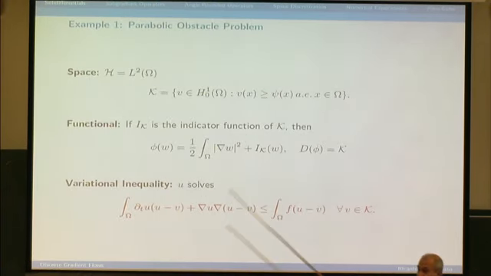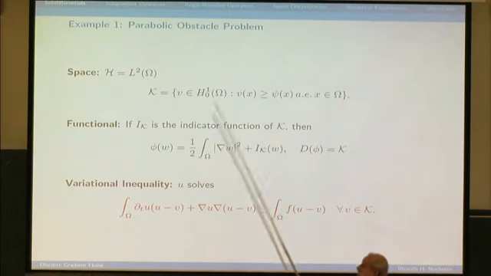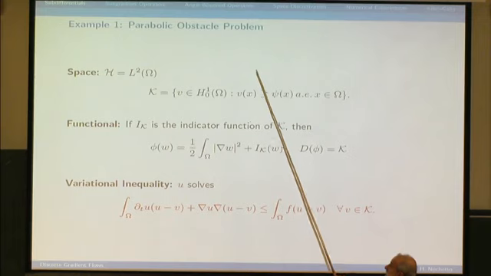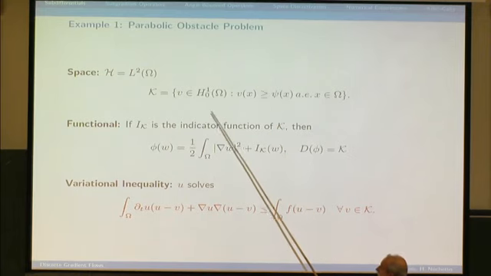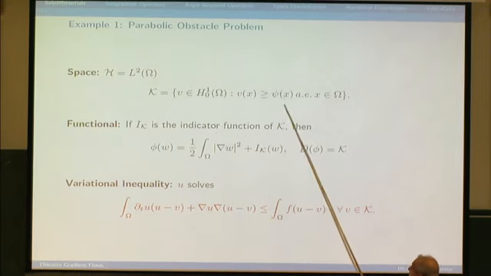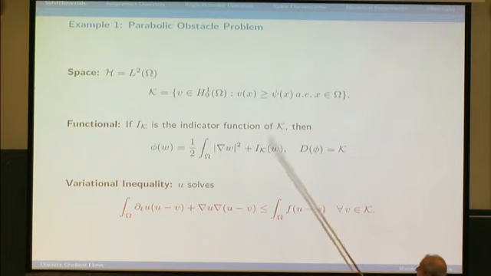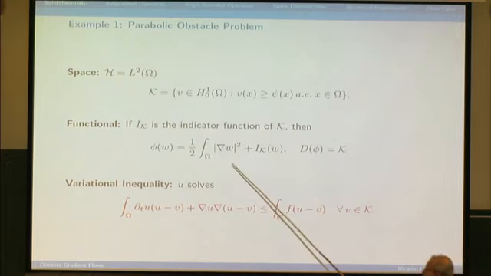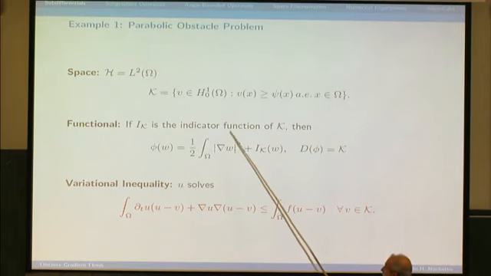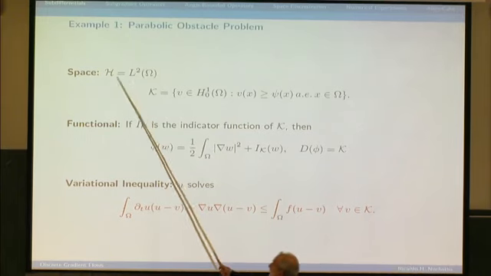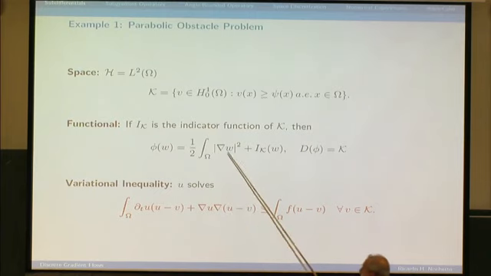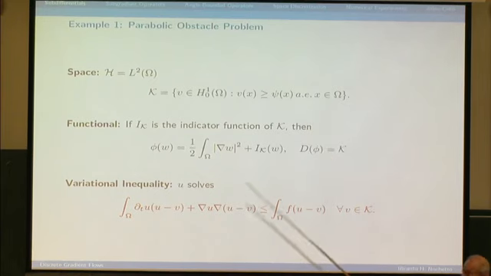here are examples. So the first one, which is a recurrent theme now in the context of parabolic equations, is the obstacle problem. So again, we have a convex set with an obstacle that I call psi. This is the energy defined on this space L2, which is the usual Dirichlet integral plus the indicator function of a convex set.